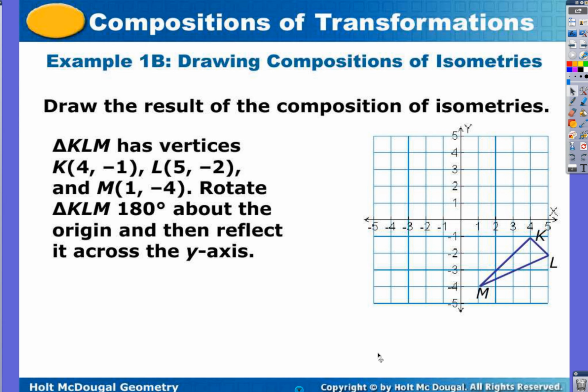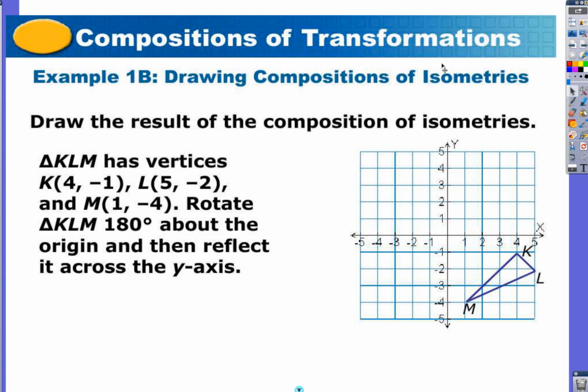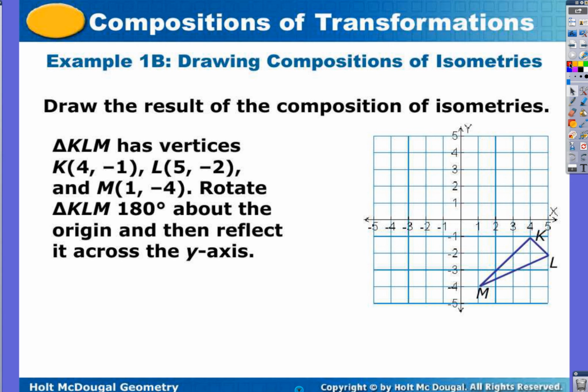Just to be fair, since I'm the one grading it, I would let this slide if you were to write either one. But when you see this word here, I don't even know if I'm pronouncing it correctly, isometries, we call those rigid motions.